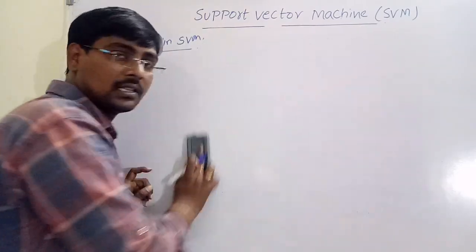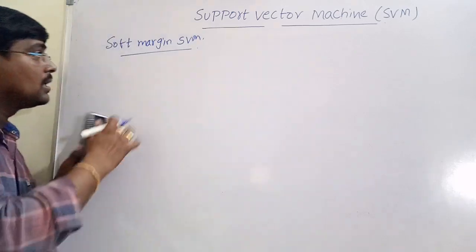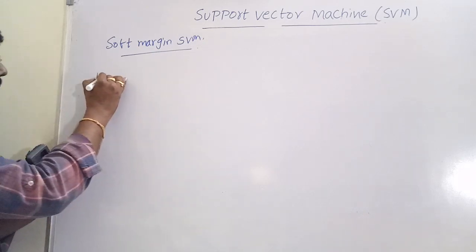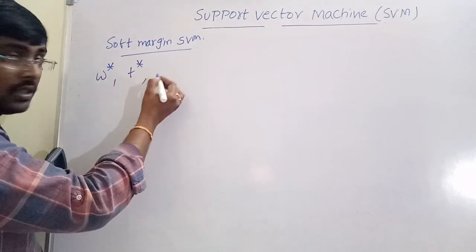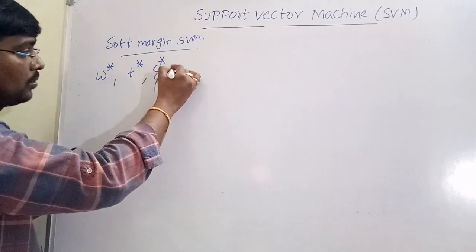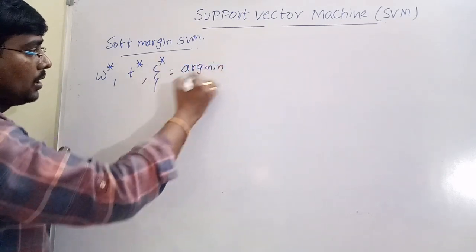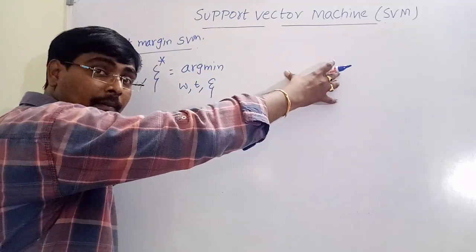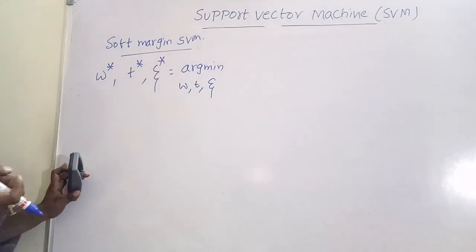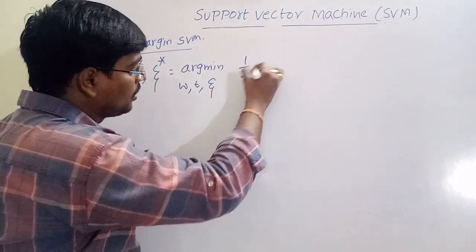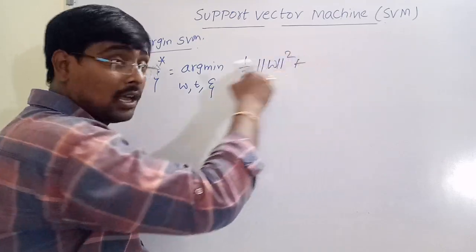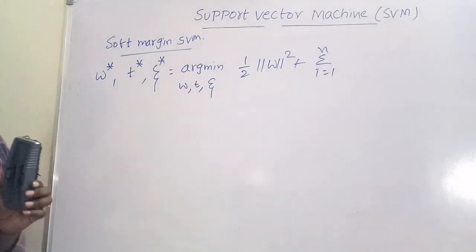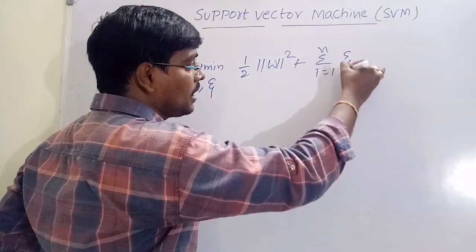First we discuss the soft margin optimization problem. W star, t star, along with the slack variable, is the argmin over W, t and slack variable of f(a,b) subject to g(a,b). Here f(a,b) is 1 by 2 W square plus C times the sum over i equals 1 to n of the slack variable.